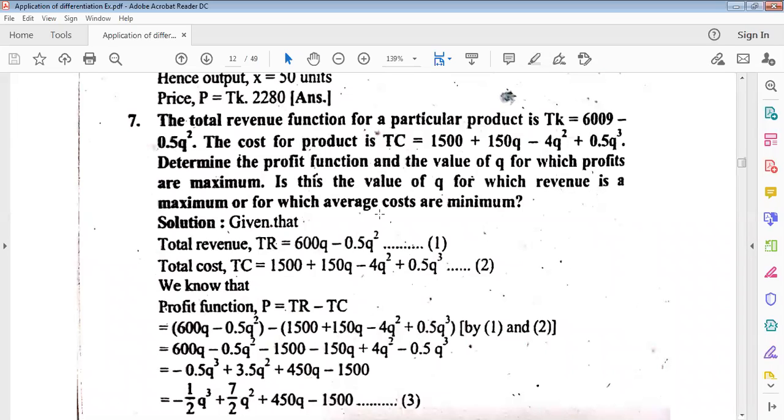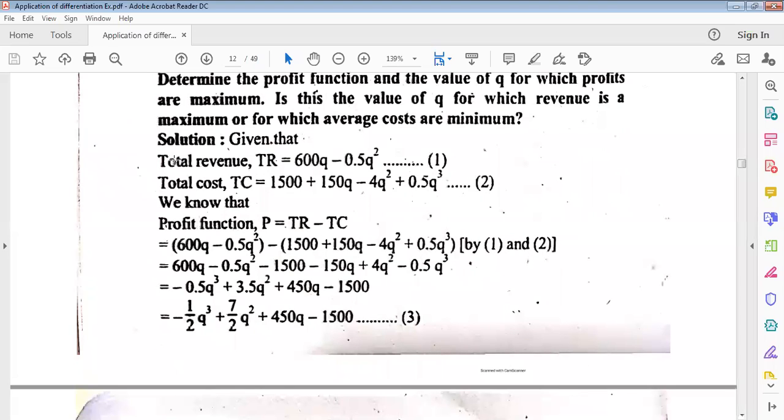Now given that the total revenue is 600q minus 0.5q square, and total cost is also given: 1500 plus 150q minus 4q square plus 0.5q cube. This is equation number 1 and this is equation number 2.